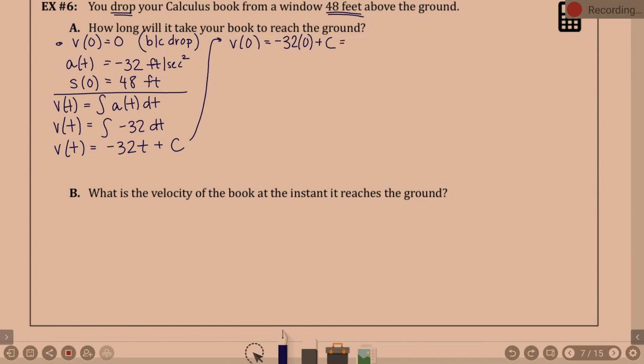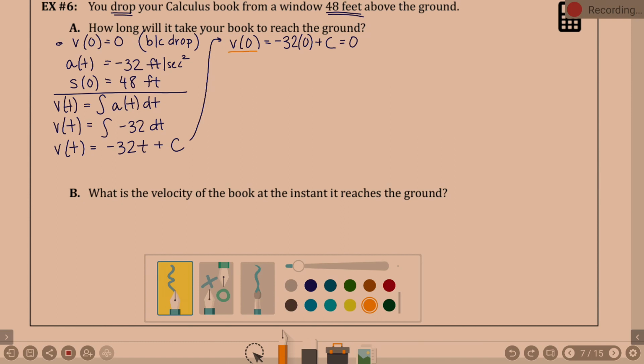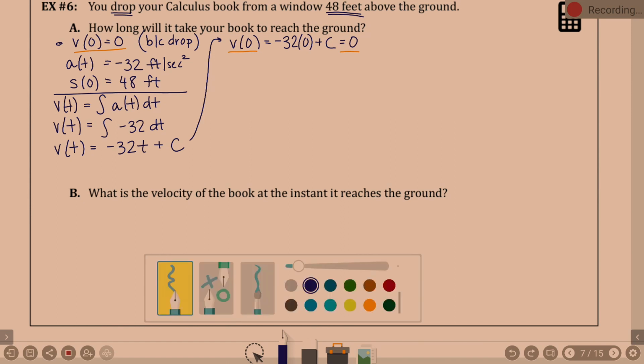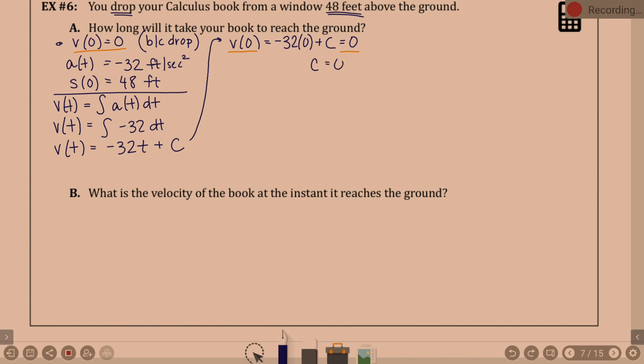Are you with me here? So I'm using that initial information. Negative 32 times 0 plus c equals 0 tells me that c is 0. So what does that make my velocity equation? Negative 32t.